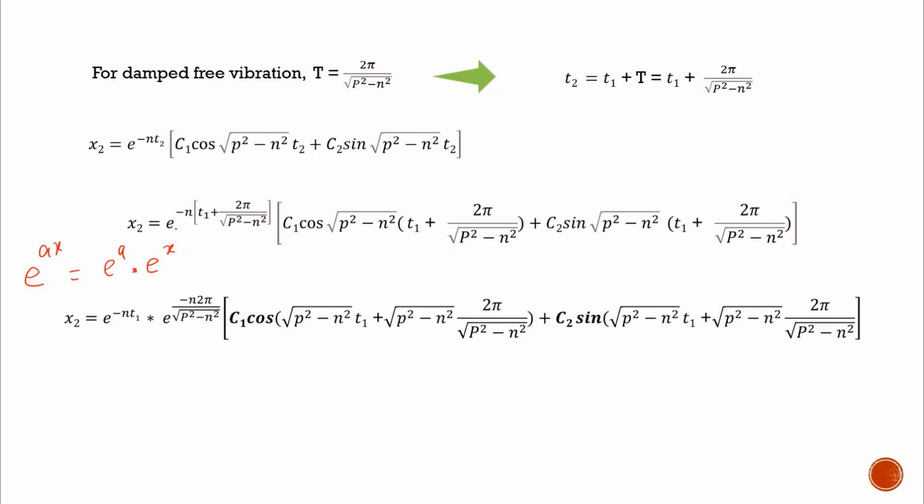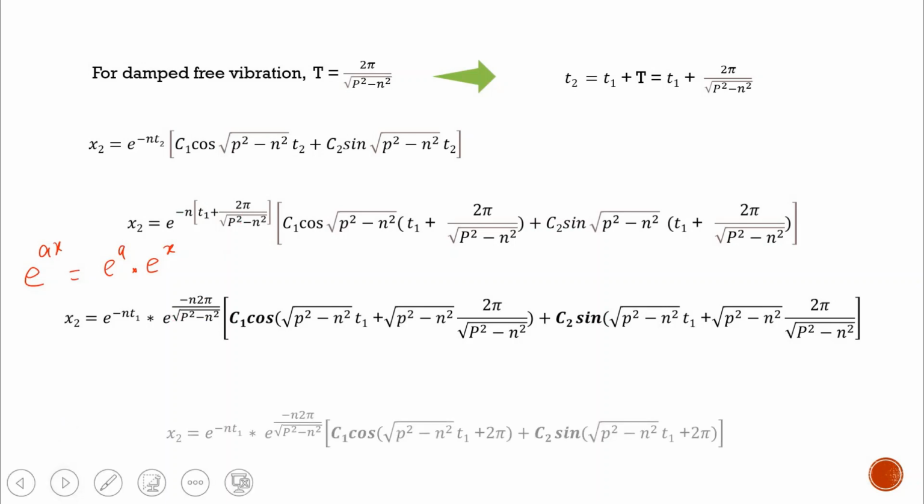Right? Similarly, I can write e raised to minus n into (t1 plus 2 pi by root p square minus n square) as e raised to minus n t1 into e raised to minus n into 2 pi by root p square minus n square.